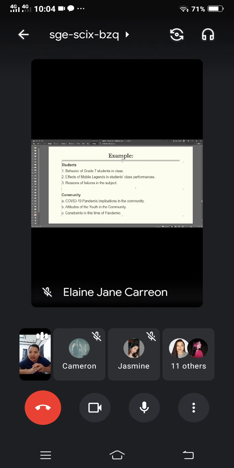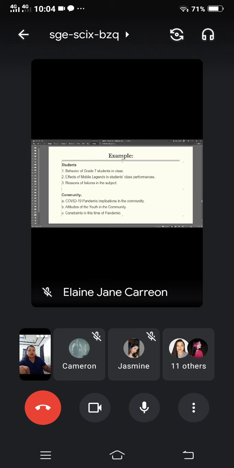And from quantitative, pwede nyo siyang gawing qualitative. Or pwedeng both. Pwede nyo siyang pagsamahin. Pero wag ko na kayong lituhin dun. So, dapat focus lang tayo. Ang aim ko dito is to let you realize the differences from the title. Mula sa topic muna, ma-identify nyo na kung qualitative or quantitative siya.